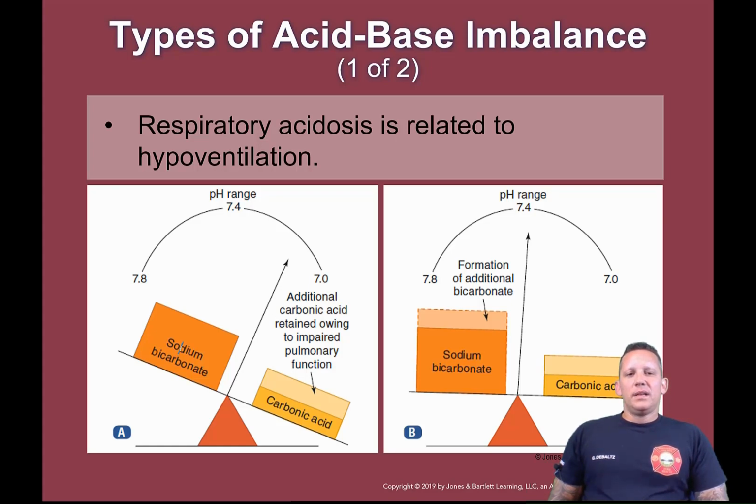A normal byproduct of metabolism is to take sugars, and that creates carbonic acid, which will be exhaled as carbon dioxide from the body. So that will dive into a little bit of the respiratory acidosis or alkalosis, and metabolic acidosis or alkalosis.